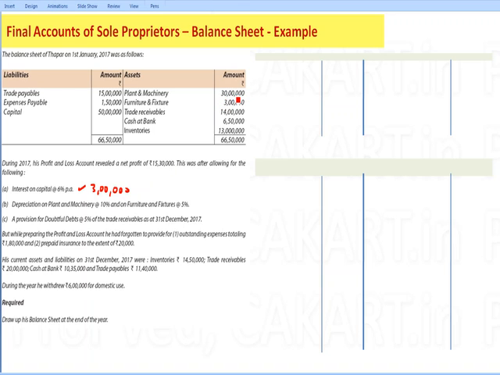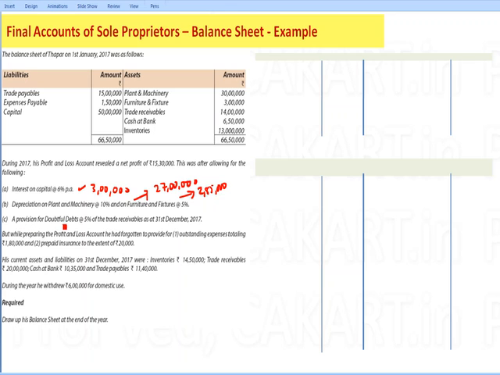So the new value at the end of the year of the plant and machinery is expected to be 27 lakhs. Similarly, furniture and fixture 3 lakh rupees, 10% is 30,000, 5% is 15,000. So the new value expected is 2 lakh 85,000. See how this is affecting the balance sheet.